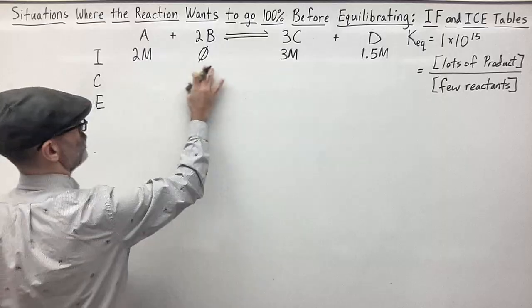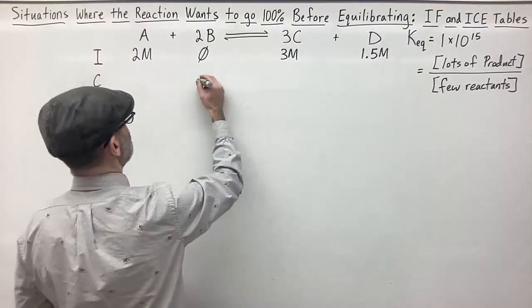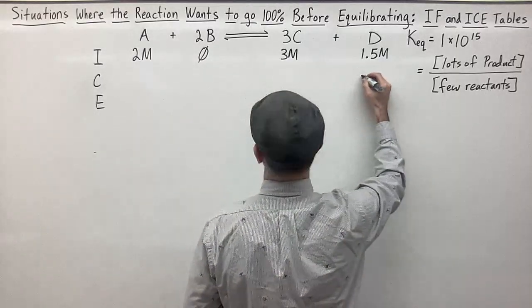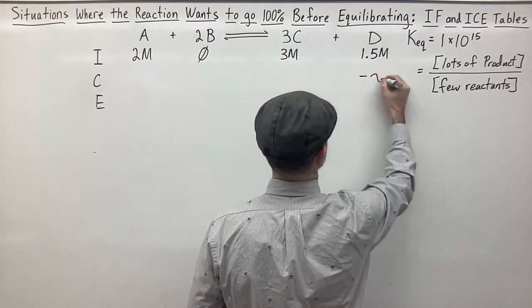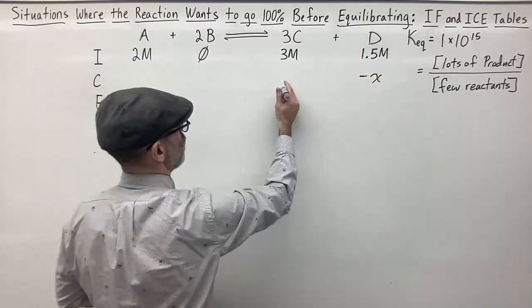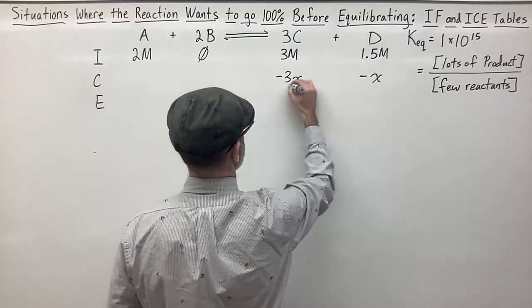So again, using the stoichiometric amounts, I'm going to lose a certain amount here and here. So I'm going to lose an x amount here because there's a 1. Here there's a 3, so that means I'm going to lose a 3x amount.